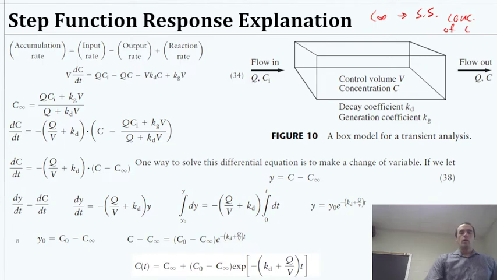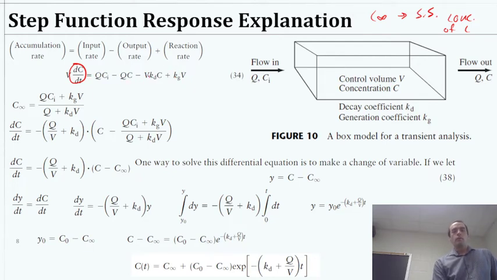And so they go ahead and solve this equation in terms of the concentration in a steady state system. They say this is 0 equals QC_I minus QC minus V K_D, the decay coefficient, times C, plus the growth coefficient times volume.